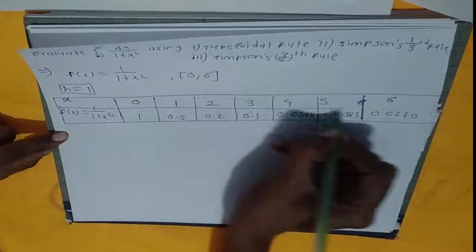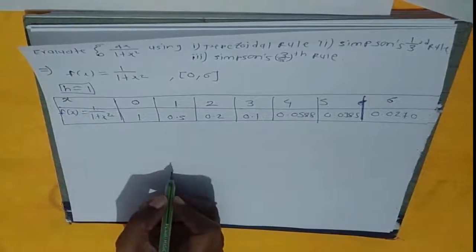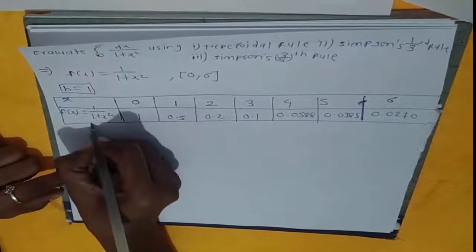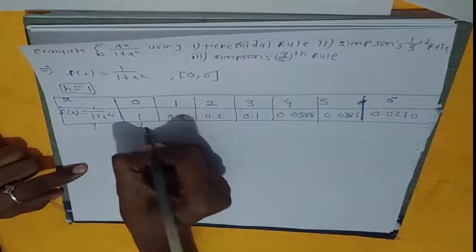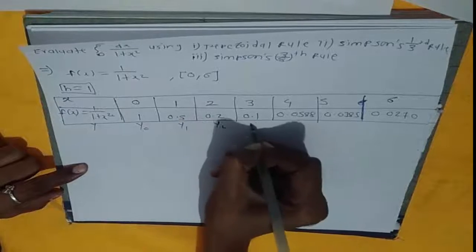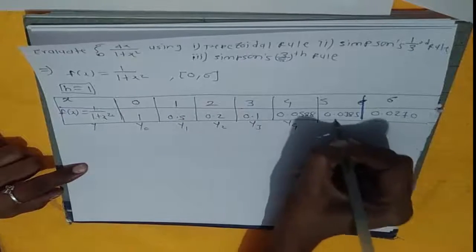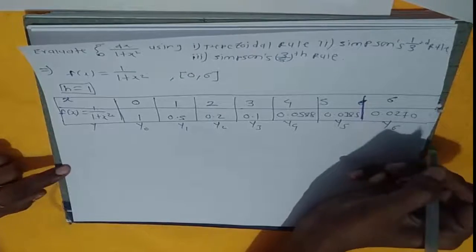First, by using the trapezoidal rule. Before that, we write the values of y: y0, y1, y2, y3, y4, y5 and y6.